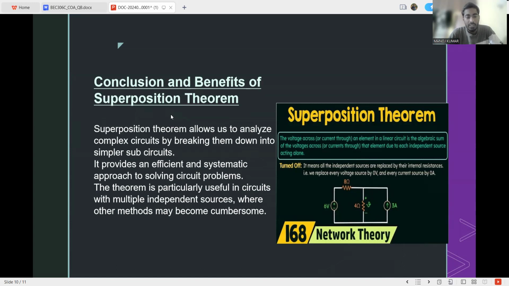It provides an effective and systematic approach to solve circuit problems. The theorem is particularly useful in circuits with independent sources, where other methods may become difficult. Look at this superposition theorem benefits.